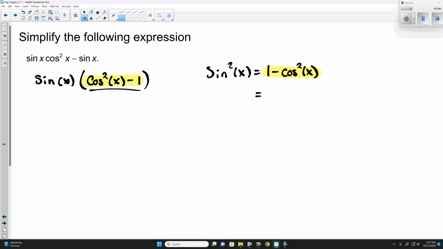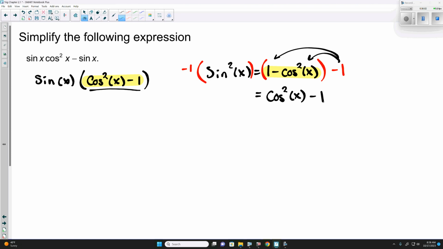Well, what is one way I can just flip both sides? I'm going to multiply this by -1. If I do it to one side, I have to do it to the other. Because negative 1 times cosine squared, negative cosine squared, makes the cosine positive. Our +1 times -1 makes it -1.